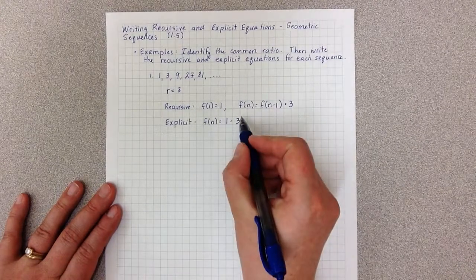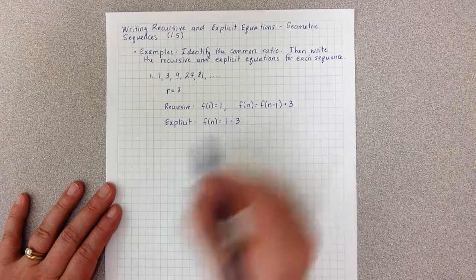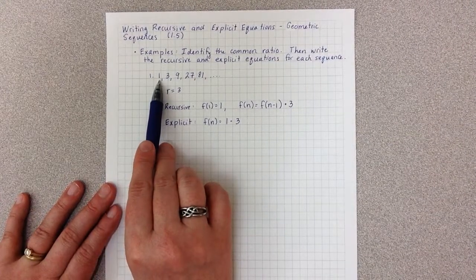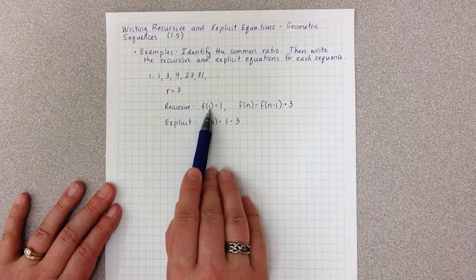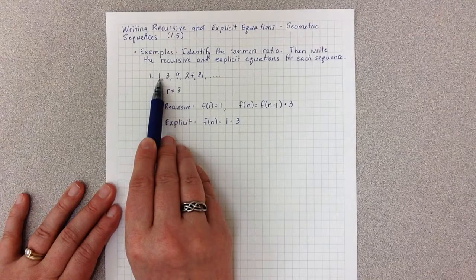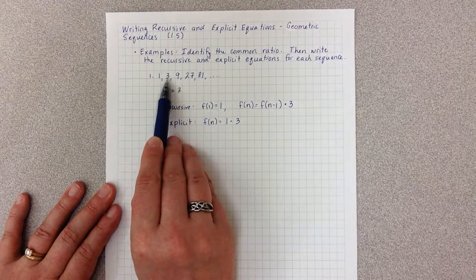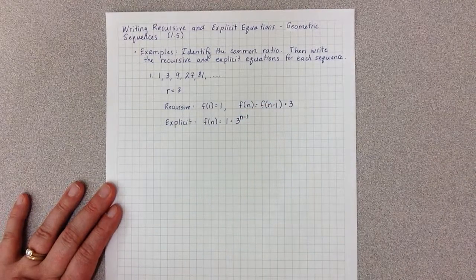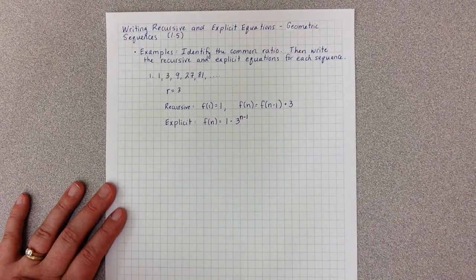So I need to have a power here on the 3. Very similar to the arithmetic sequence, though, because my first term is f of 1, and I don't multiply by 3 to get 1, I multiply by 3 to get 3, I'm going to need to say, hey, look, I need to go 1 backwards, so to the power of n minus 1.